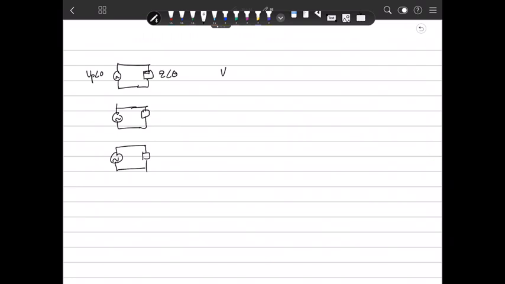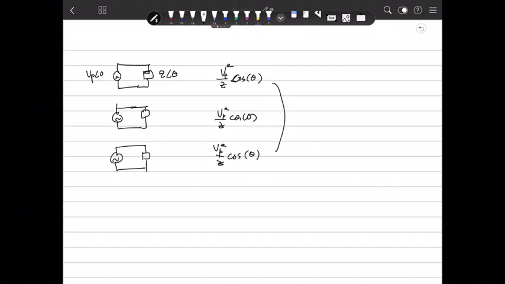The power is (VP squared over Z) cosine theta for each one. The sum of them is 3 (VP squared over Z) cosine theta.